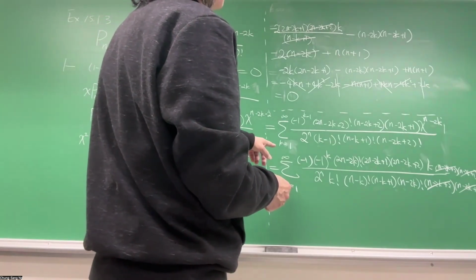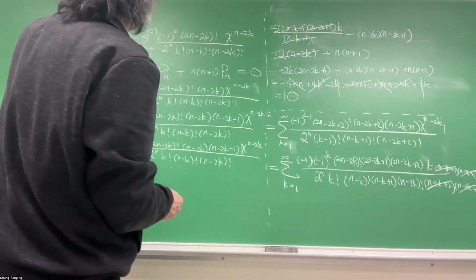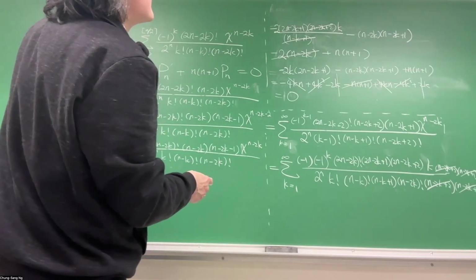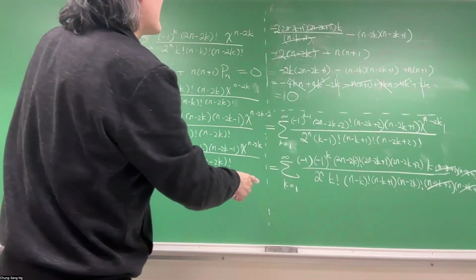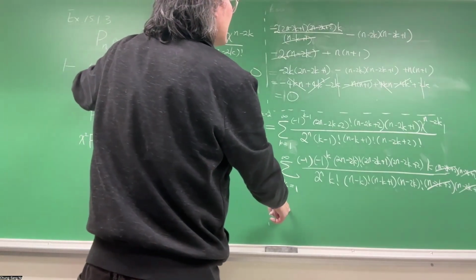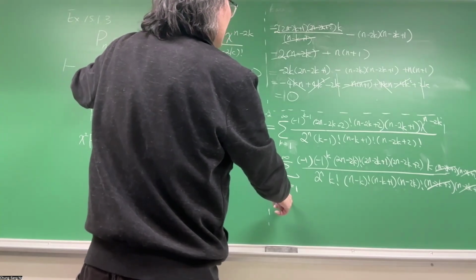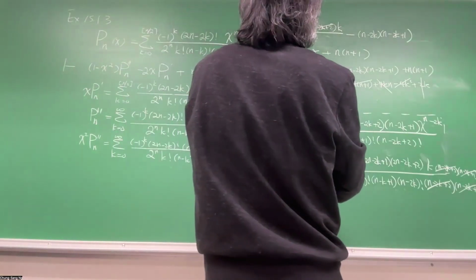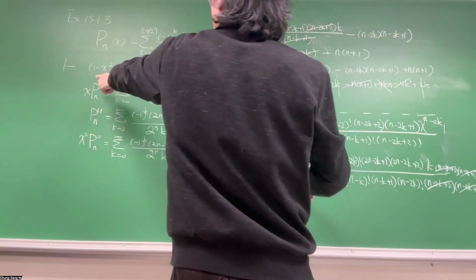The boundary term is this term. So I need to exclude it from the general term, which is k equals 0. Then this term is contributing to which term? This is the first one.